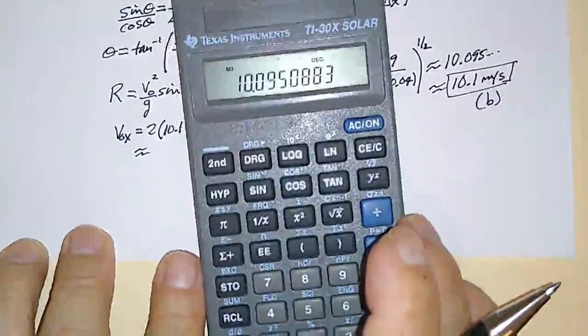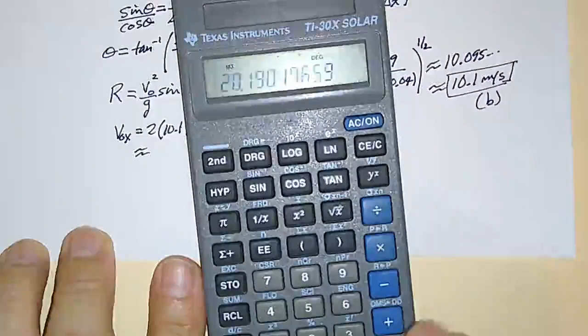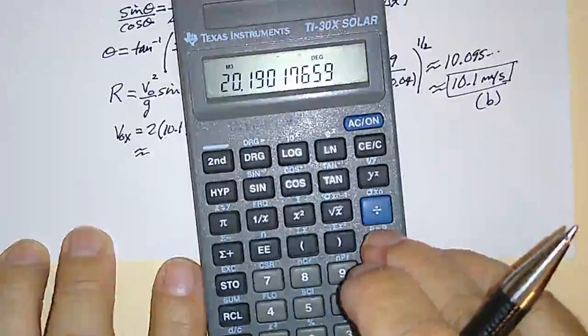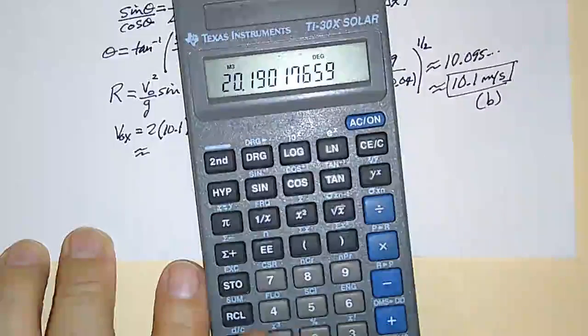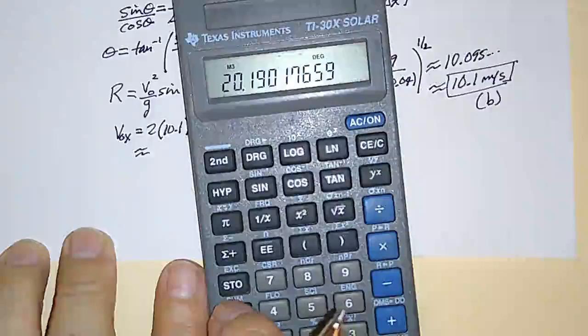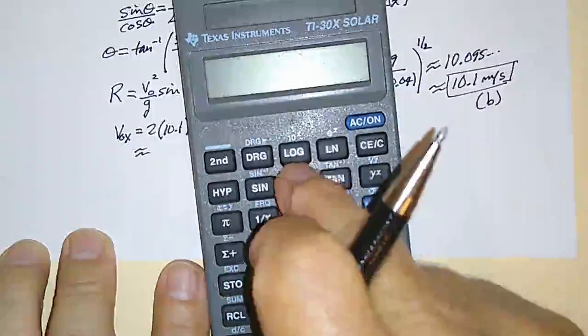First of all, that was the speed that we came up with. Multiply that times 2, and then multiply that times the cosine of this 30 degrees.